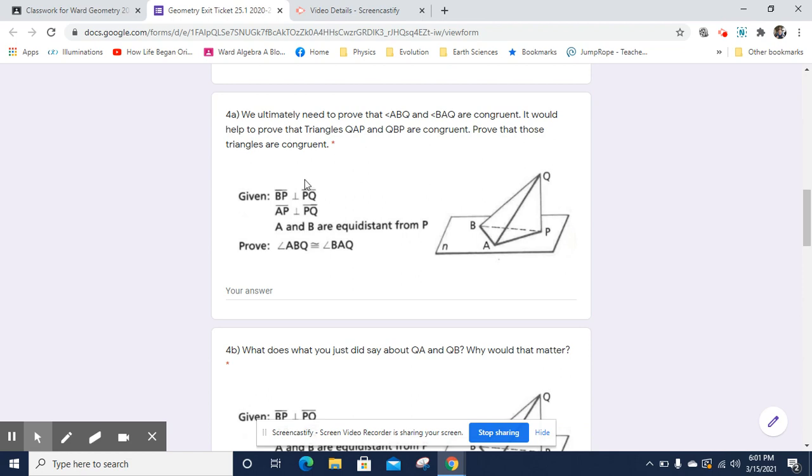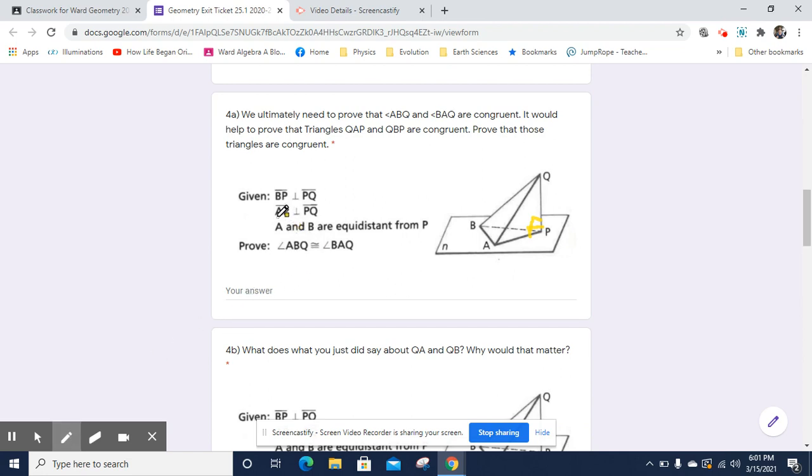So let's do that. So we know some things. We know BP is perpendicular to PQ. So let's label that. Okay, so we're going to try and prove that those triangles, QAP and QBP, are congruent. We know that those are perpendicular and therefore congruent.